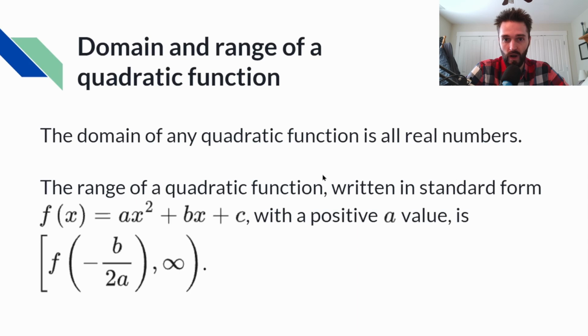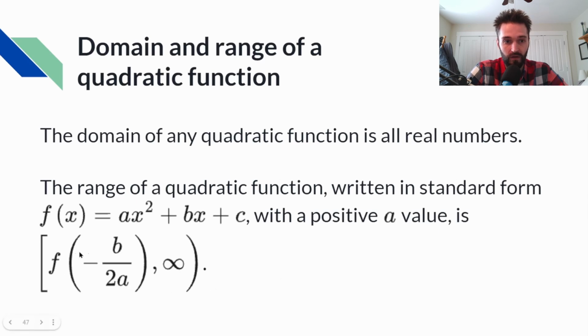The range of a quadratic function, written in standard form, right here, ax squared plus bx plus c, with a positive a value, is given by this set here. This is a set written in interval notation. If the a value is positive, that means that the parabola opens upward, which means that the vertex is an absolute minimum.